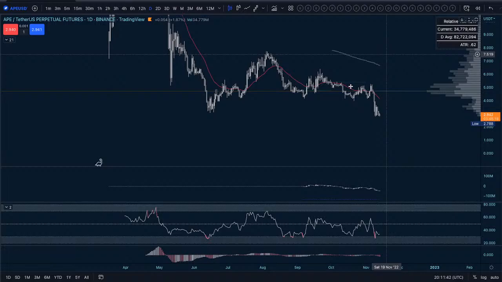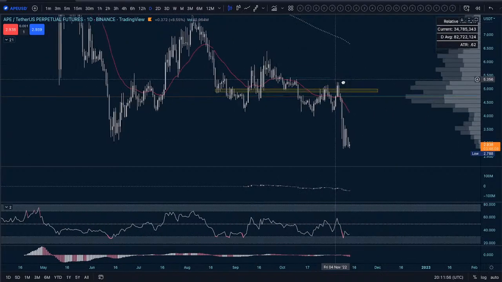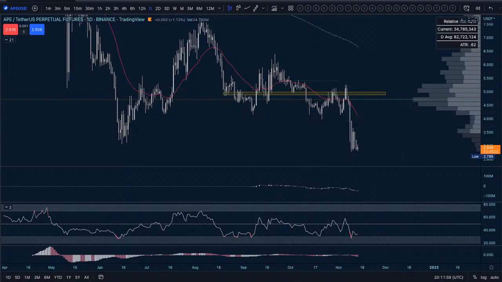I shorted it here, I think, somewhere there. There is an obvious level here, right? Or this breakdown to there. I lost my pen. It got lost in between two screens.